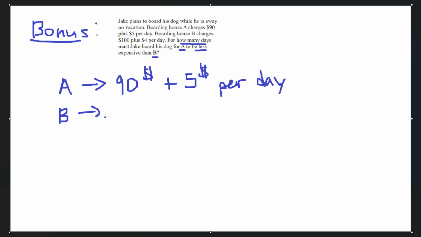And for B, we know that it's $100 starting out plus $4 per day.